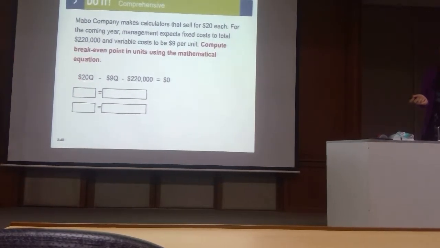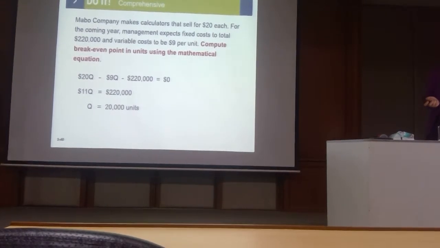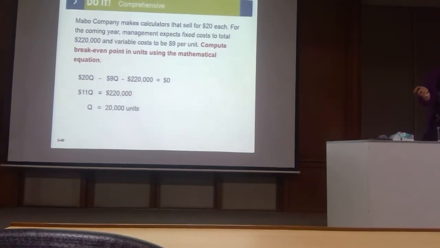So the total revenue that you have is 20Q, right? And the variable cost is 9 multiplied by Q, and then you subtract the total fixed cost. You set the net income equal to 0, and then you solve for the unknown variable, and you will have Q equal to 20,000 units, okay? So in order to break even, the company has to sell 20,000 units of calculators.